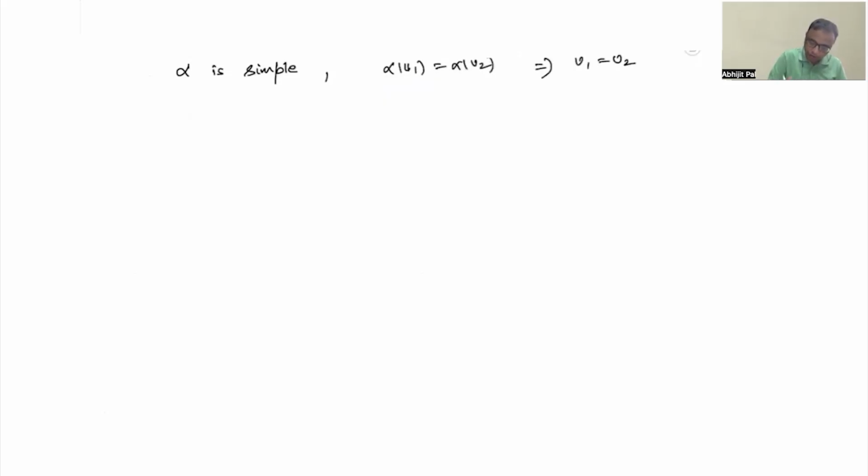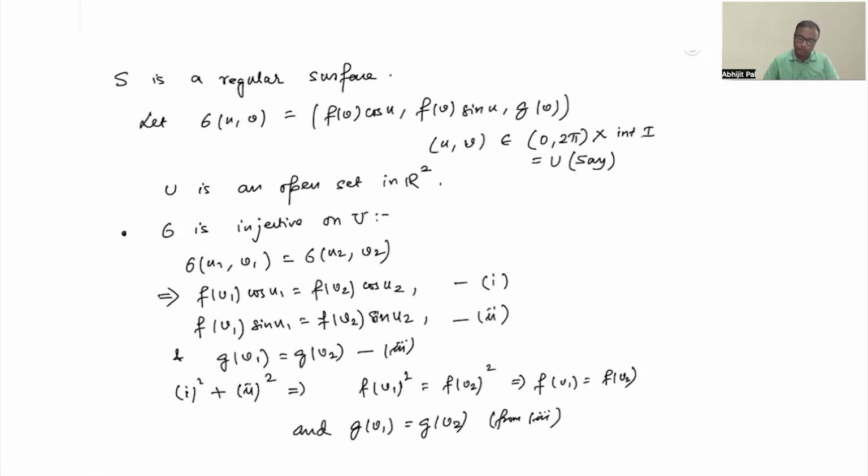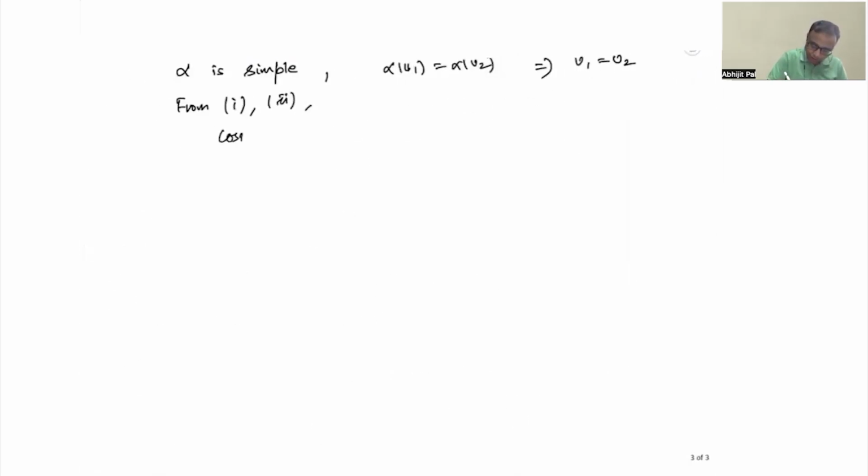And again, from these two equations, we have shown that f(v1) equals f(v2). So what we have is cos u1 equal to cos u2, sin u1 equal to sin u2, and both u1 and u2 belong to this open interval 0 to 2 pi. This will imply again that u1 is equal to u2.